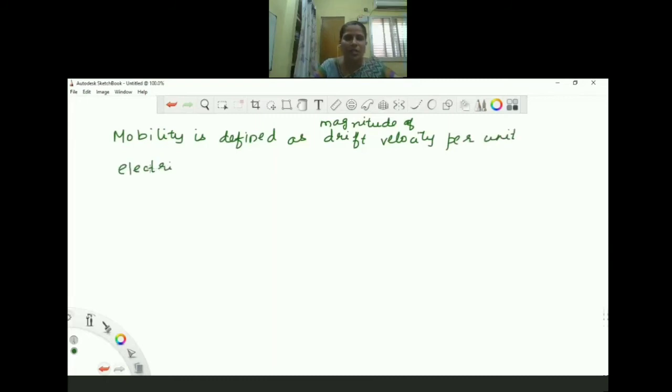Per unit electric field. Okay, and it is denoted by the letter mu.